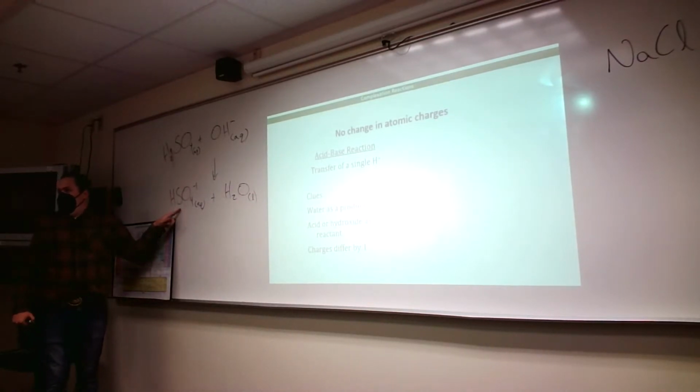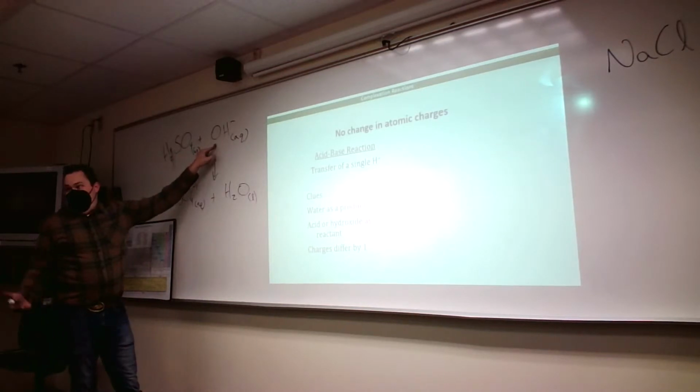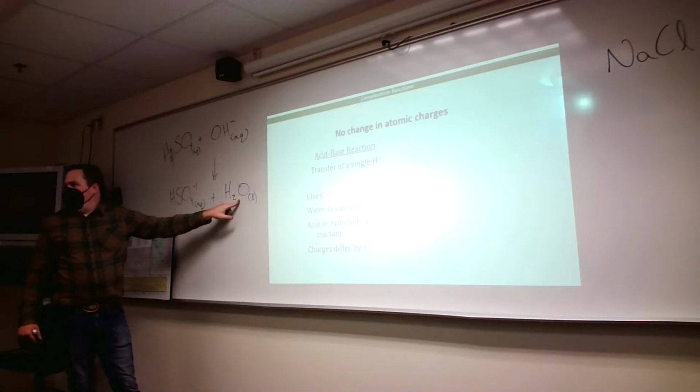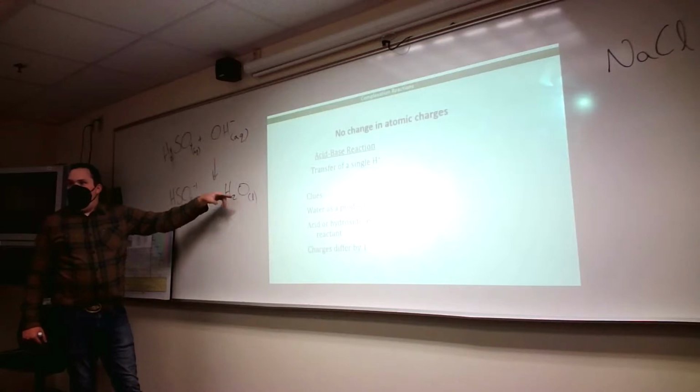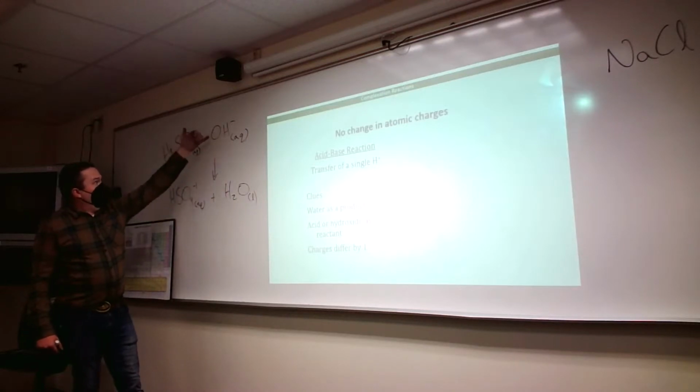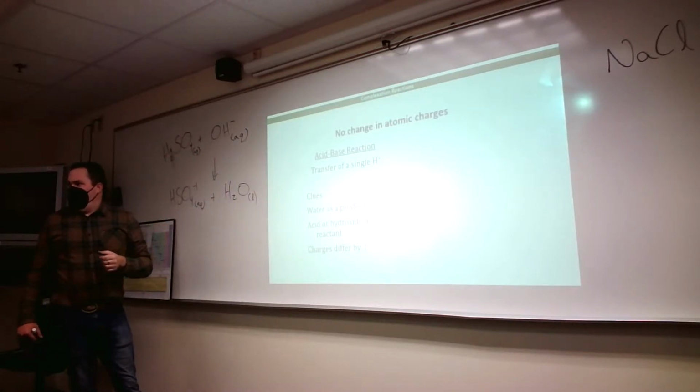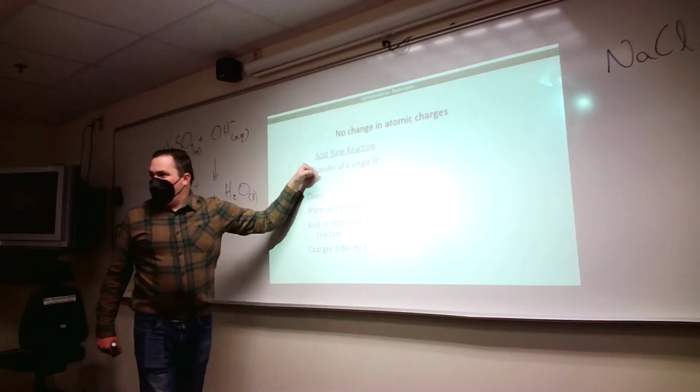This is sulfate with 1 H plus. Hydroxide is an oxide with 1 H plus. This is an oxide with 2 H pluses. As soon as we can recognize the charges on the atoms are not different, all we did was move an H plus, it's going to be an acid-base reaction.